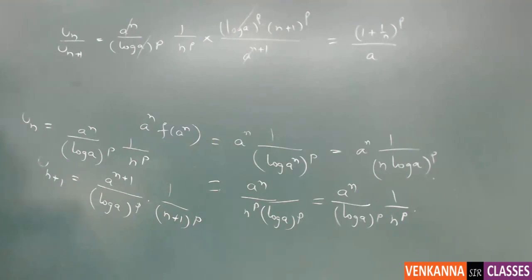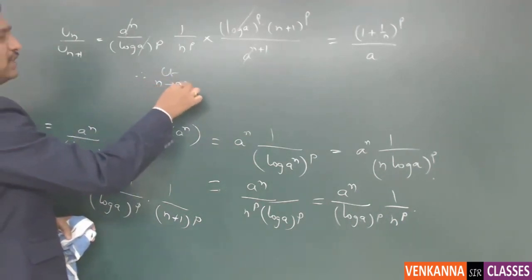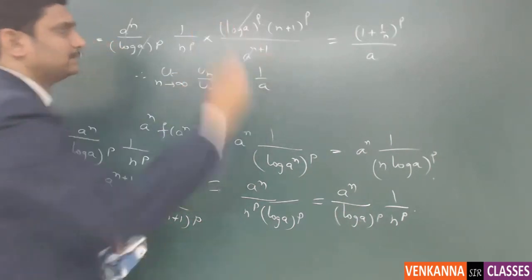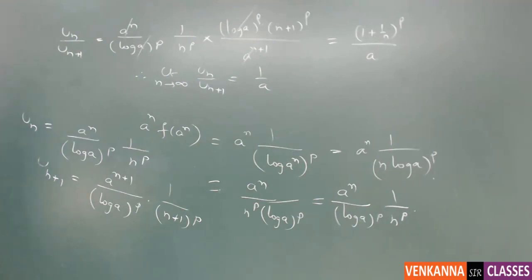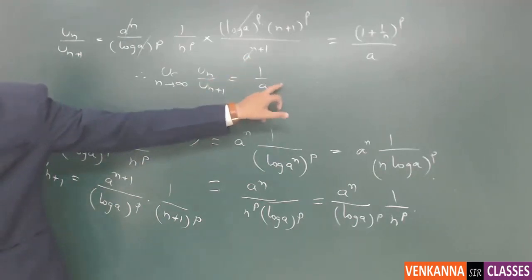So if you apply the limit here, limit n tends to infinity un by un plus 1 is nothing but 1 by a. Please understand, what is the criteria for a? You can take a as any number, 2, 3, 4, 5, and so on. If you take a equal to 2, it will be 1 by 2. The value is less than 1, isn't it?